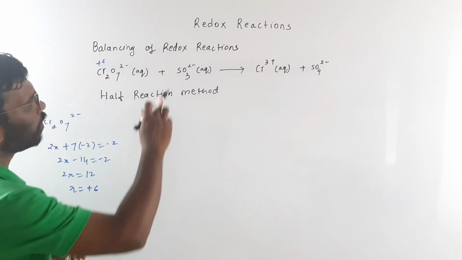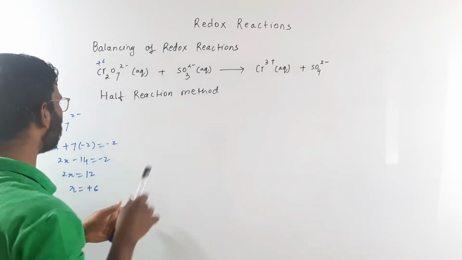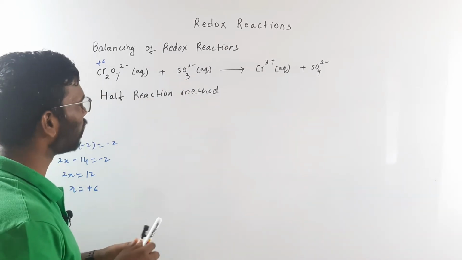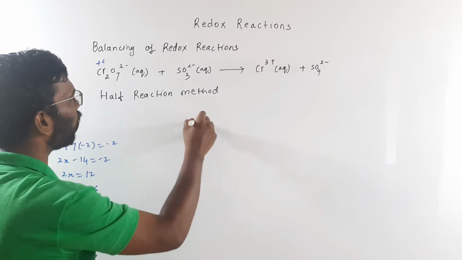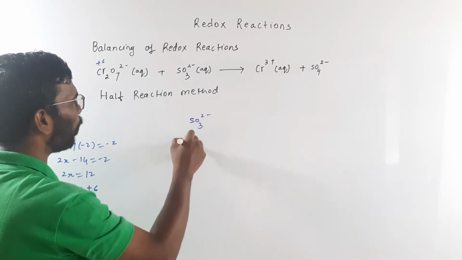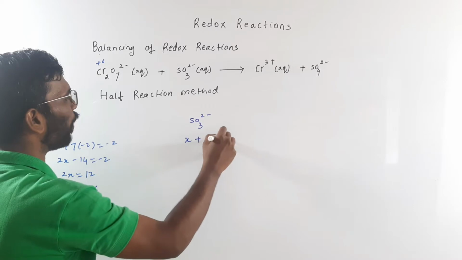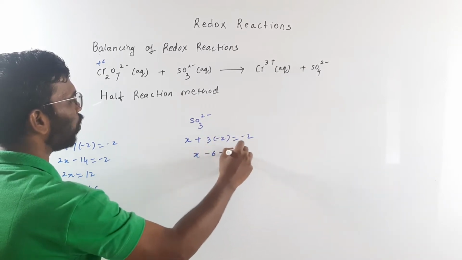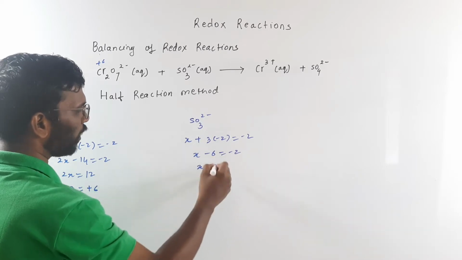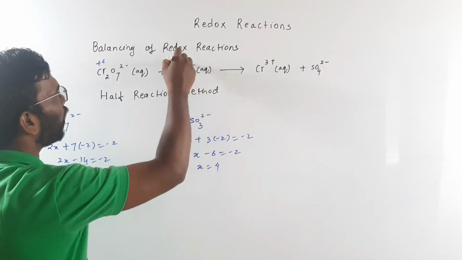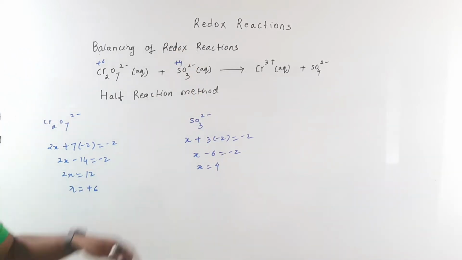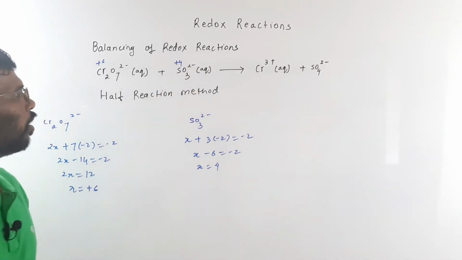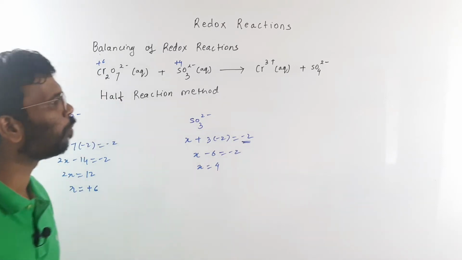So here the sulfur, what will be the oxidation state of the sulfur in SO3 2 minus? I'll put sulfur to be x, 3 into minus 2, which is equal to minus 2, x minus 6 is equal to minus 2, x is equal to plus 4, so sulfur over here is in the plus 4 oxidation state. Don't consider this minus 2 to be on the oxygen, it is on the whole molecule. That's why I wrote this equal to minus 2.